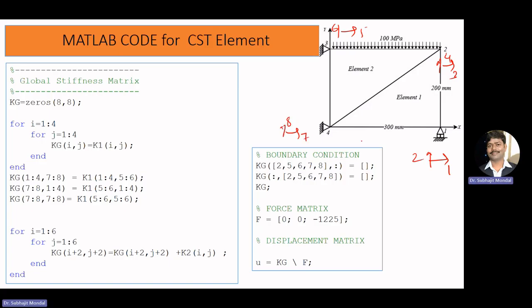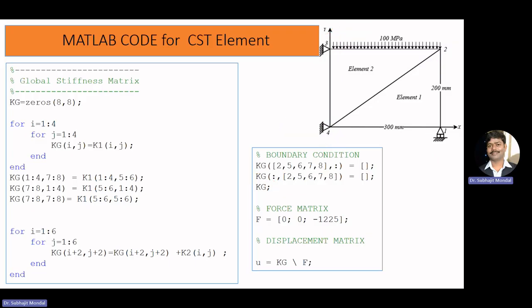Now we have the boundary conditions on degree of freedom 2, and on degrees of freedom 5, 6, 7, and 8. So we have to eliminate the corresponding rows and columns. Here we are eliminating row and column using these commands. So here we can obtain the global K after applying the boundary conditions.